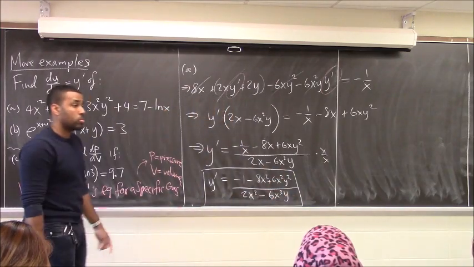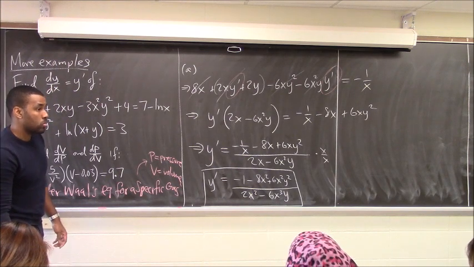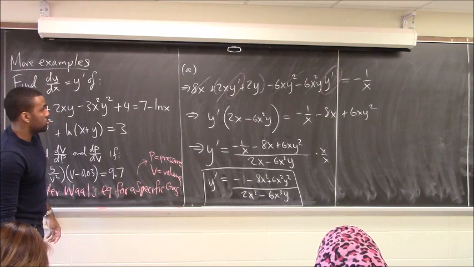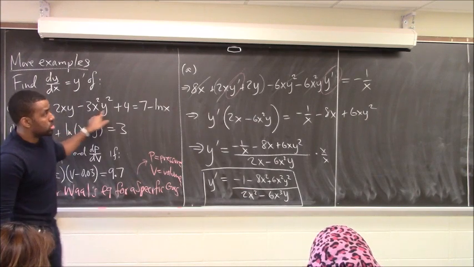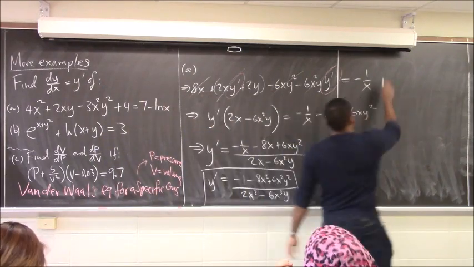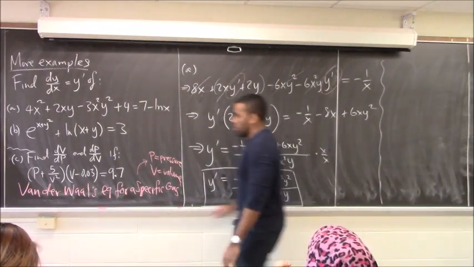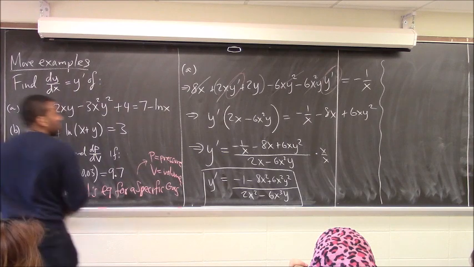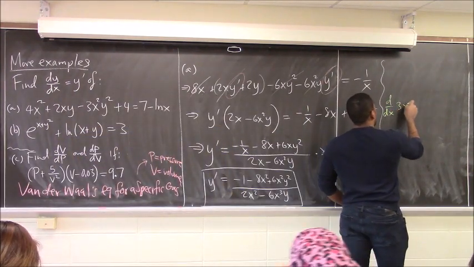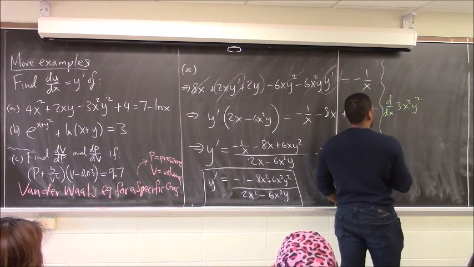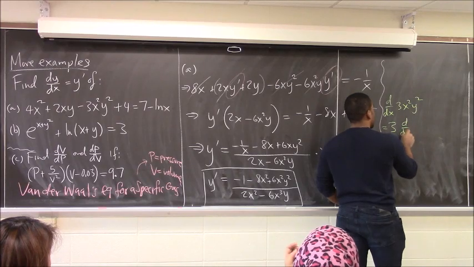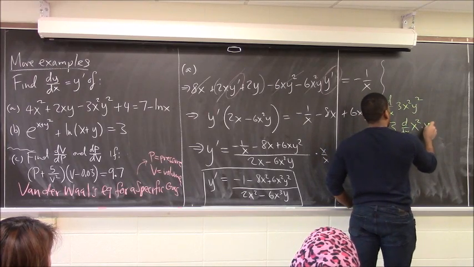Can you explain the differentiation of the third term there, minus 3x squared y squared? Yeah. Okay, so if we're looking at the derivative of 3x squared y squared, basically this means it's 3 times the derivative of x squared y squared.